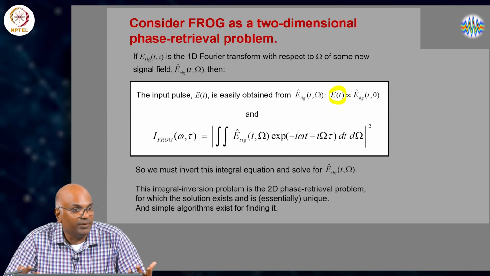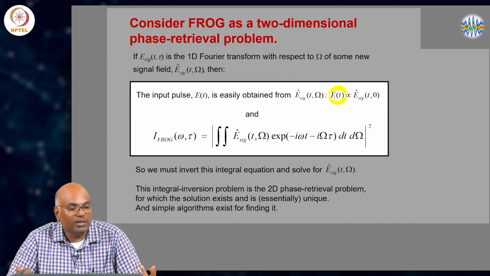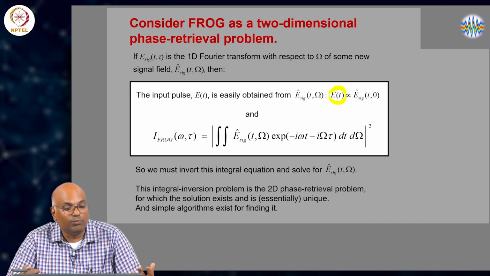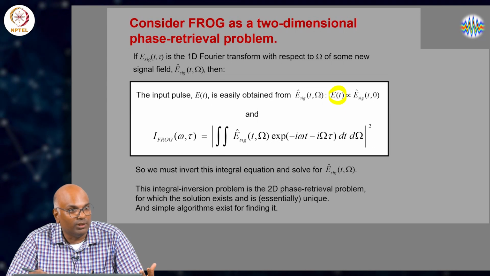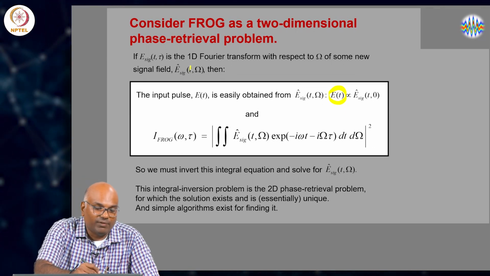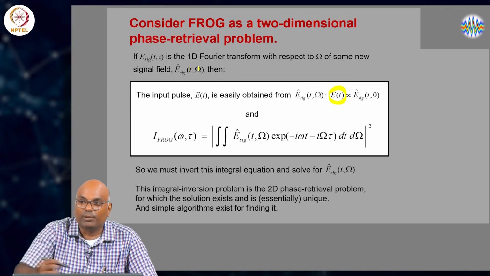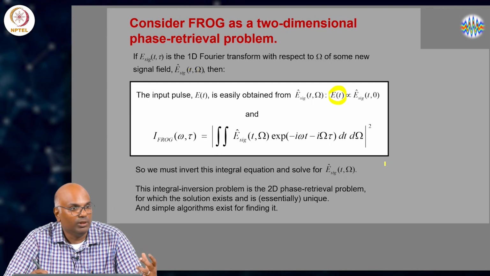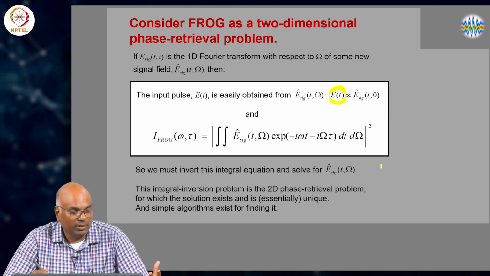There it seemed we had no way to retrieve the pulse. Here, just because I have more information, it is 2 dimensional. The dimensionality coming from t and omega, the 2 variables, the spectral variable and the delay variable. So, I have made it a delay, right.